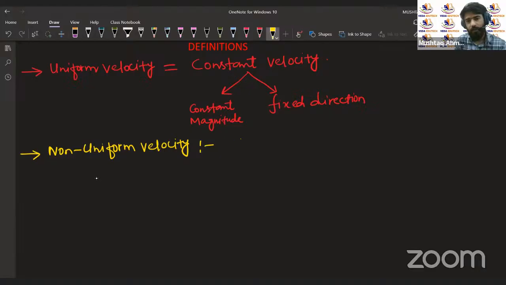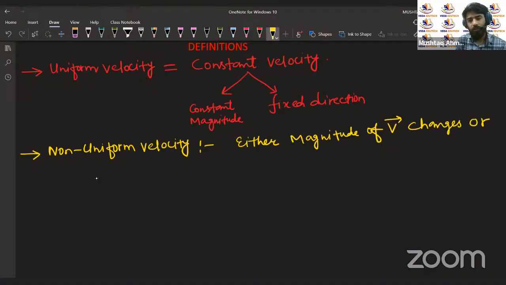Suppose that either the magnitude of velocity V changes, or the direction of V changes, or both change.